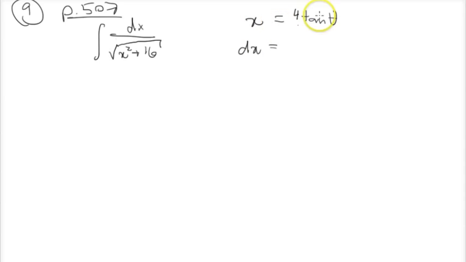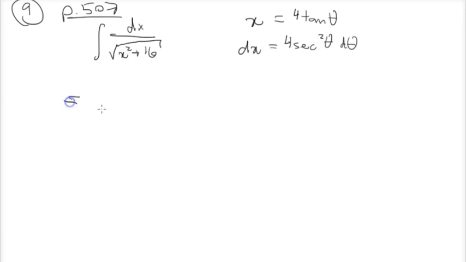We're going to get dx, so we're going to take the derivative of this. That is 4 secant squared theta d theta. And you can put anything in the argument for these functions. That could be a u, that could be a v, that could be whatever you want. I'm just using theta arbitrarily because it's a trigonometric function, and theta is kind of the standard variable.